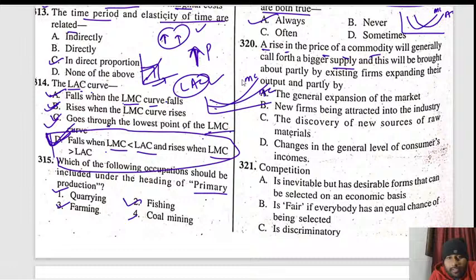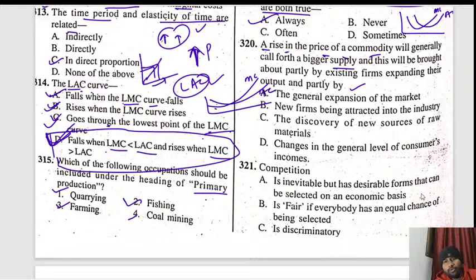And this will be brought about partially by existing firms expanding their output and partially by general expansion of the market, new firms being attracted to the industry.